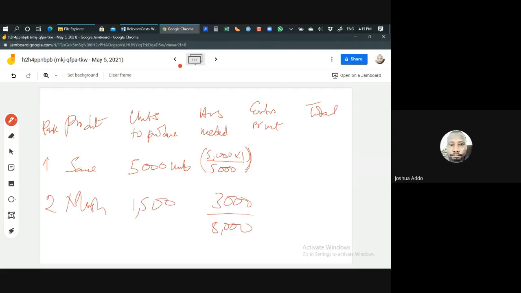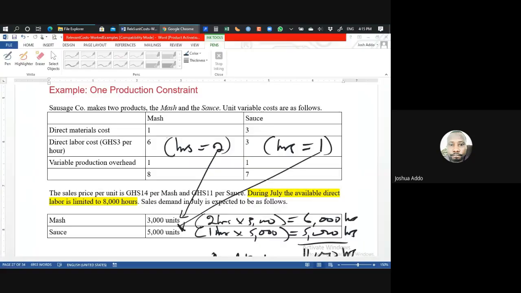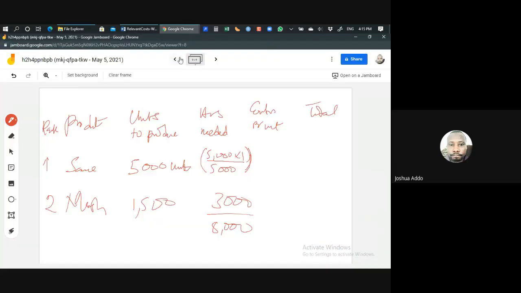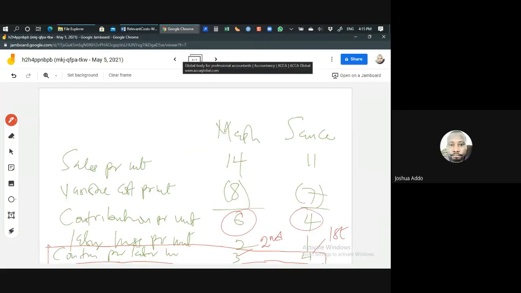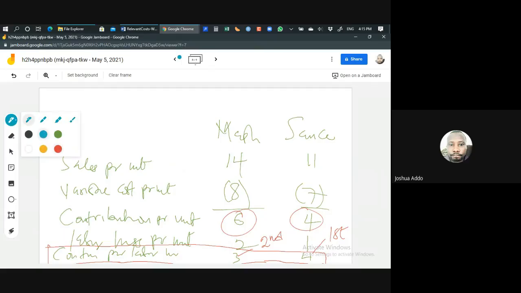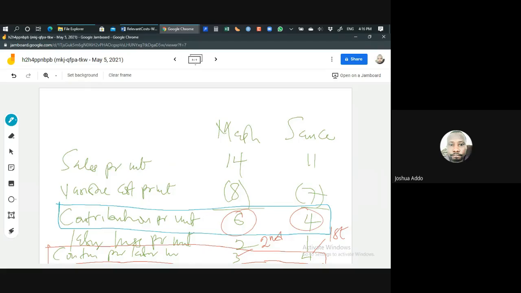So contribution per unit of sauce in the question, contribution per unit, we can get from our calculations. So let's go back. Contribution per unit is this one, 6. So it is 4 for sauce and 6 for Marge.